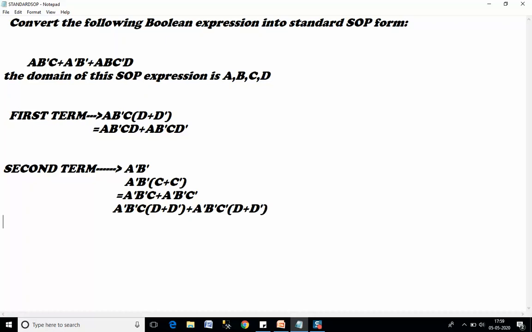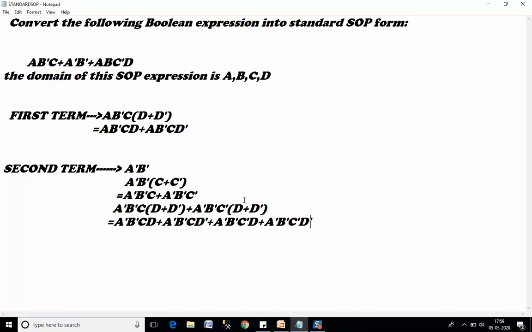So this is going to be equal to A complement B complement C D, or A complement B complement C D complement, or A complement B complement C complement D, or A complement B complement C complement D complement.